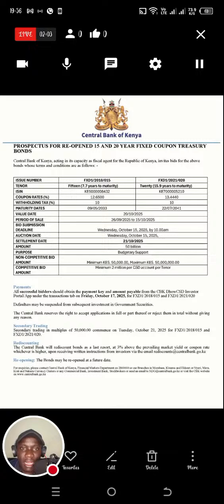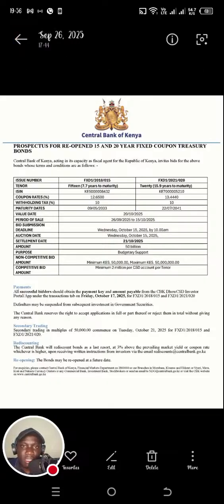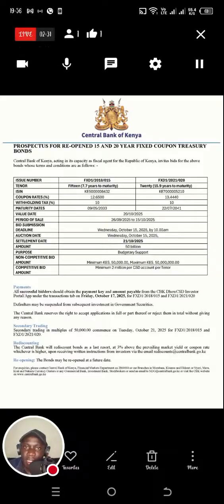So with me here on my screen, I have the prospectus, something that we call the prospectus of a bond. And when you talk about a prospectus, it is just a document giving the details of the particular bonds that have been floated. So every time a bond is floated, there must be something that we call a prospectus.